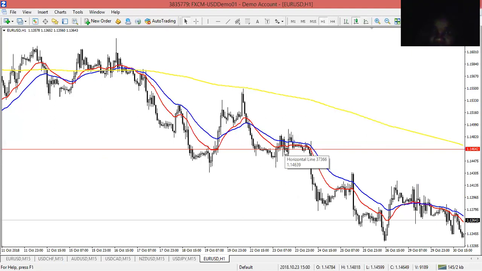So you enter here. Then you place your stop loss a bit above the pullback here.